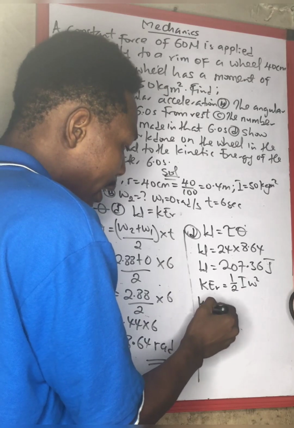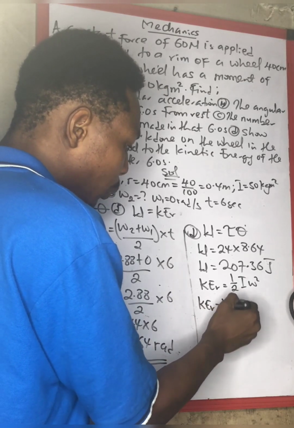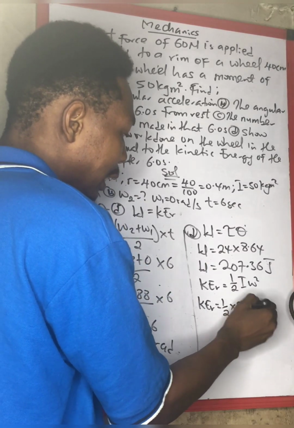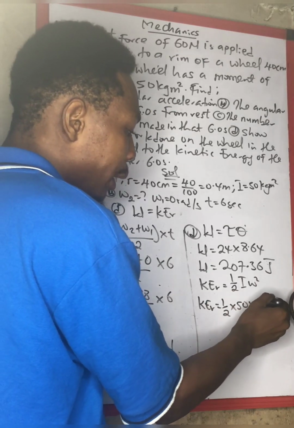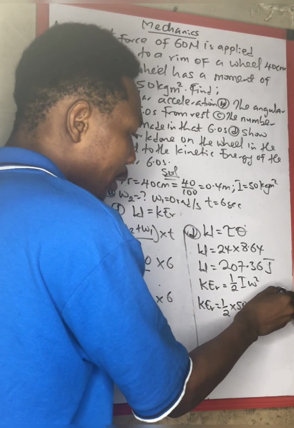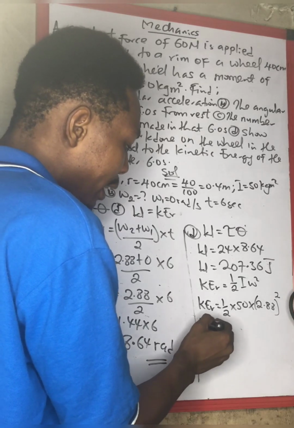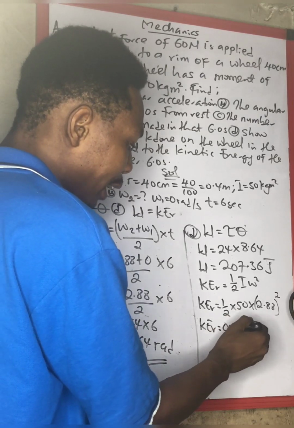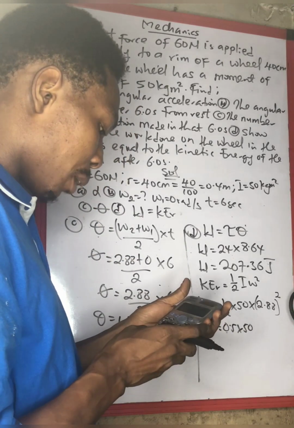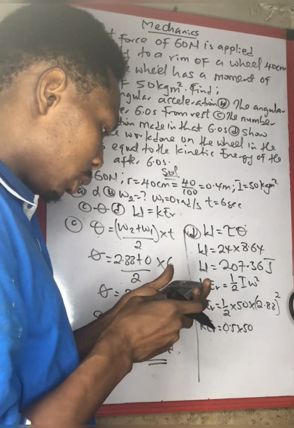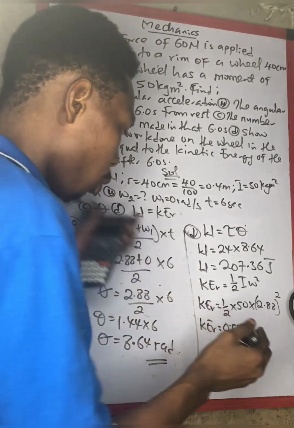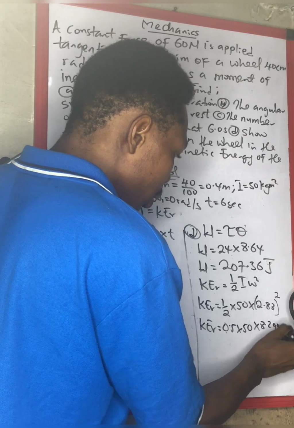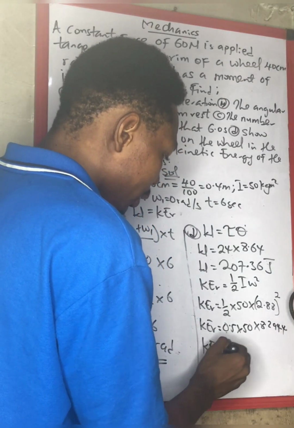So from there, our KER will be equal to 1 over 2 times inertia, which is 50, times our W, which we got to be 2.88, squared. So our KER is going to give us 1 over 2, which is 0.5, times 50, times 2.88 squared, which is 8.2944.